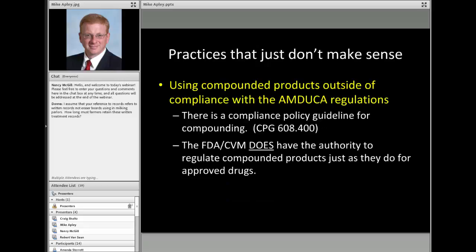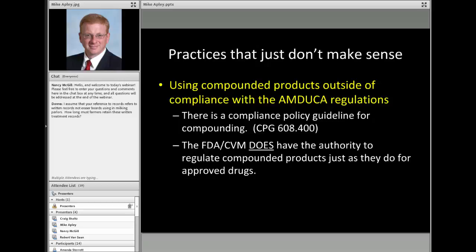The compounded products, I don't mean to just dwell on this, but I wanted to come back and emphasize that point again. In the past, we've had compounded intramammary preparations, injectable preparations. I just don't see a place for those in modern dairy production because of the residue component and the fact that in some of those, if they're compounded from bulk drugs, they are illegal, and we just have no idea what's going on with them.